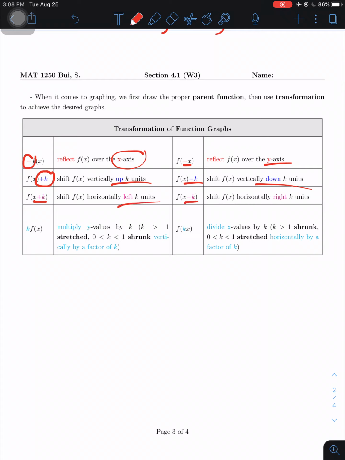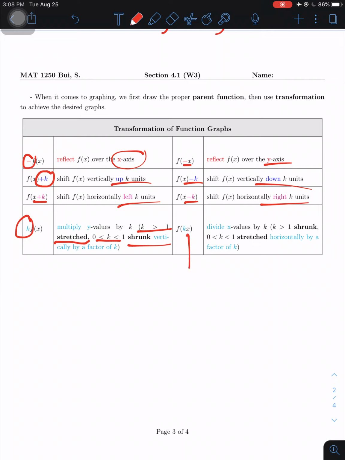If you subtract it, it is rightward, okay?